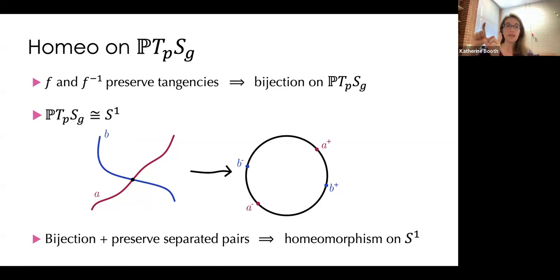What this ends up giving us is a bijection on this circle that also preserves the order of how the points are laid out. And if you have that on S1, a bijection plus preserving your cyclic order, you're going to be a homeomorphism. And so we have a homeomorphism on the projective tangent space.